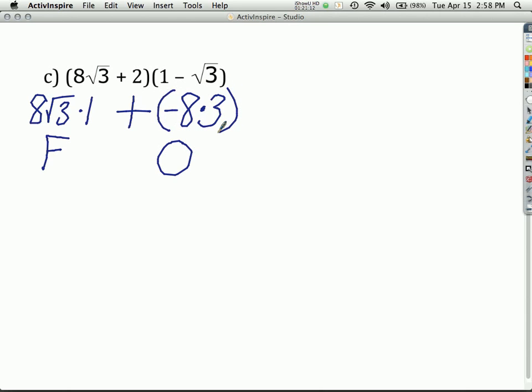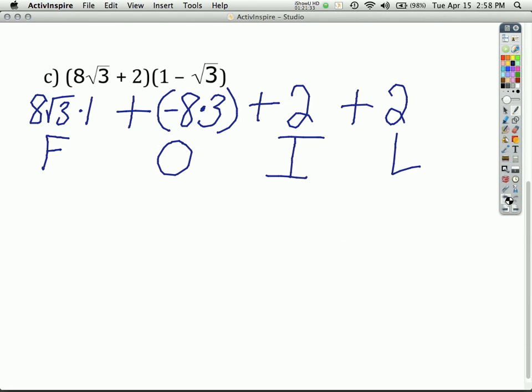So we have that plus the inner. 2 times 1, no big deal, plus the L's. The last terms, 2 times -1 radical 3. 2 times -1 is -2 and the radical 3.